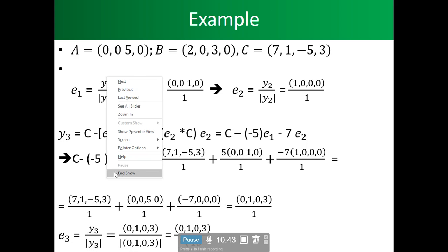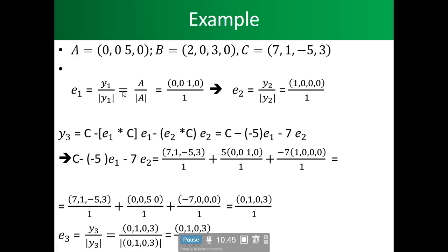So what we want to do is, 7 minus 7 gives me 0. 1 minus 0 gives me 1. -5 minus +5 gives me 0. And 3 minus 0 is 0. So we see the new value that we have here.